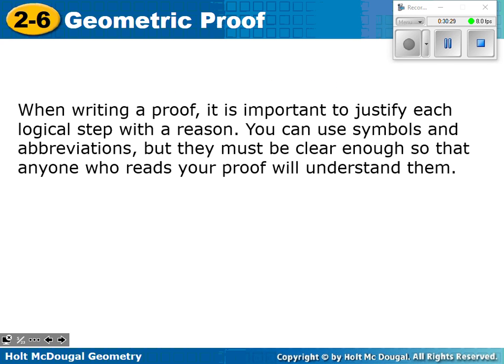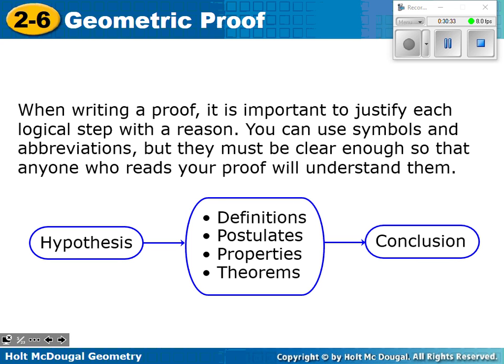Here we go. So the first thing you should see in your notes is this chart, right? And all this basically says is when you write a proof, you are going to be given some information, which is your hypothesis, and they're going to tell you to prove something, which is the conclusion.